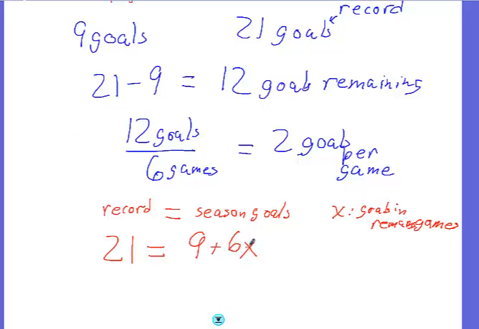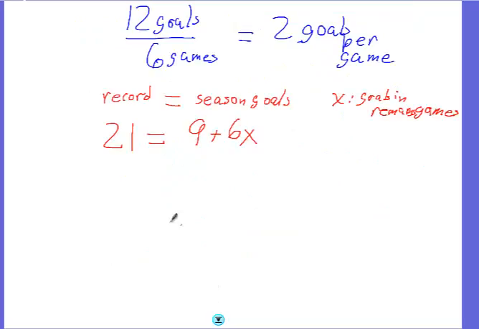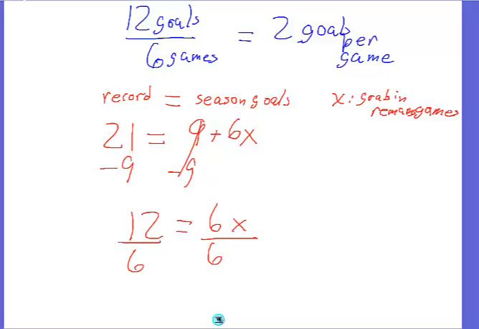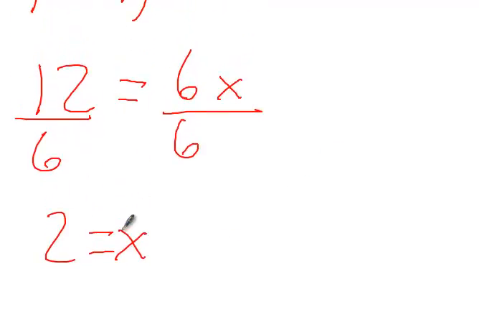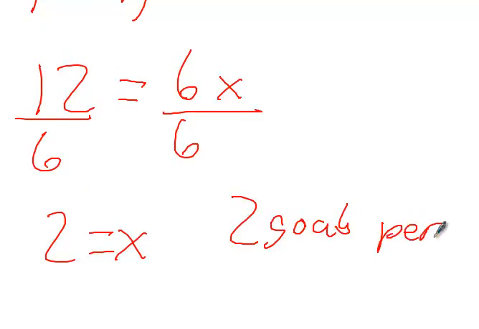If you multiply the number of goals by the number of games he has left, and add it to 9, we need to get 21. To solve this algebraically, subtract 9, and you get 12 equals 6x. Divide by 6, and 2 equals x. So x is the goals per remaining game, therefore he needs 2 goals per game.